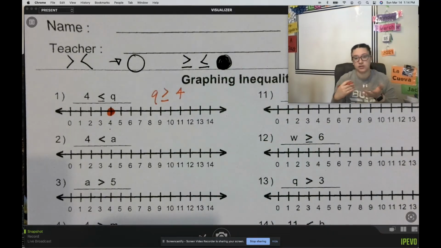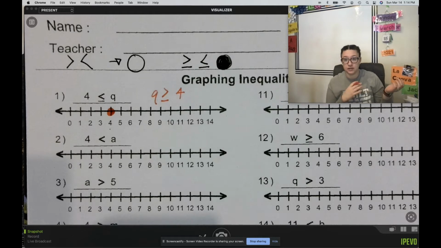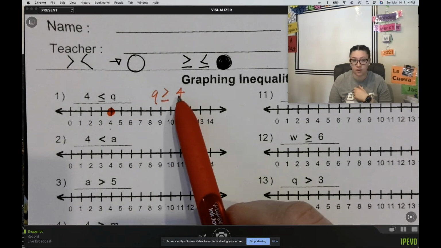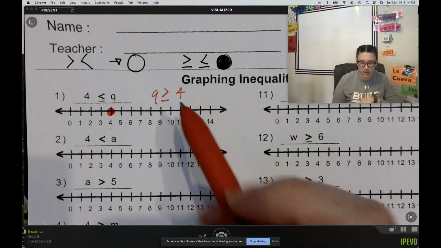And now we want to think, do we shade to the left or to the right? Again, there's a few different ways to do it. One way is to think: Q is greater than 4. What does greater than mean?